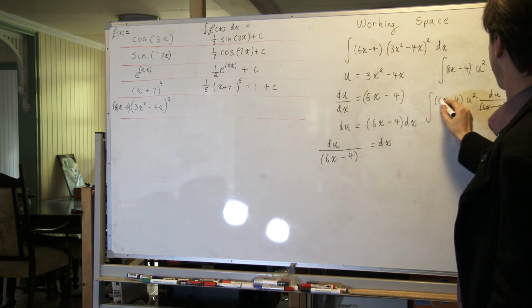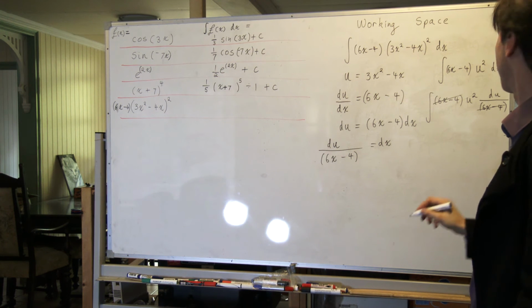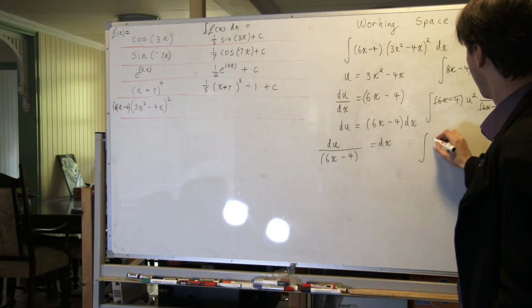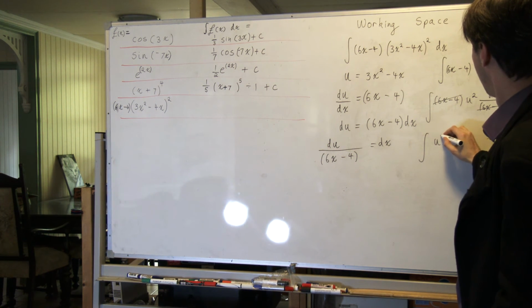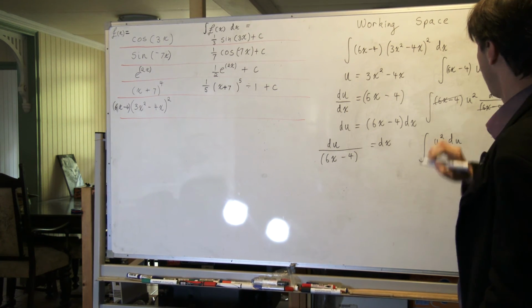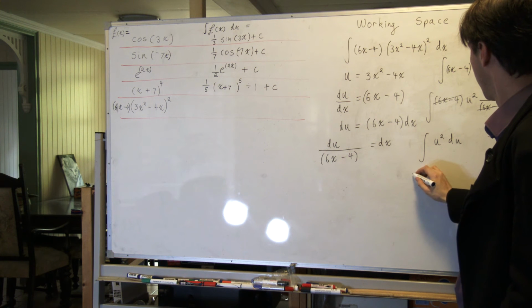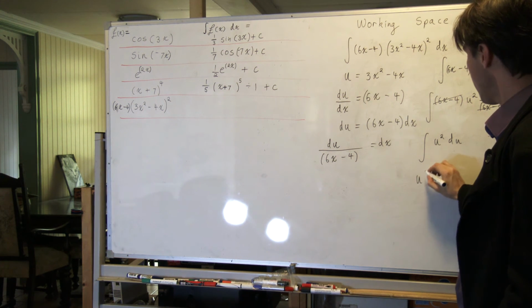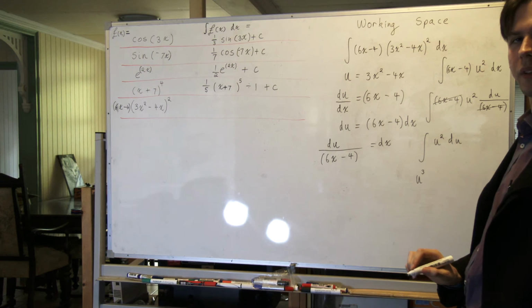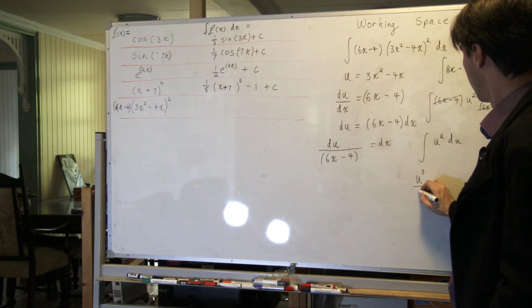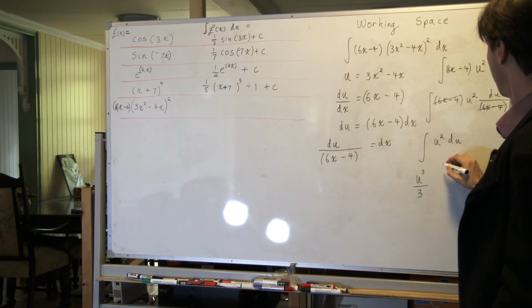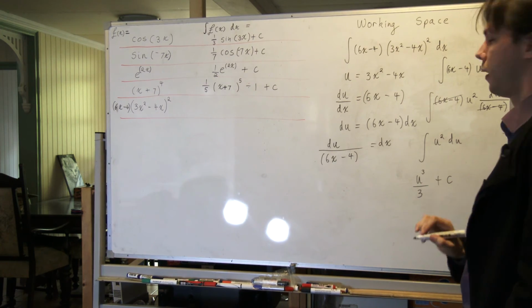Well, that means those two just cancel out. And my integral becomes integral of u squared with respect to u, which is increase the power by 1 up to 3, divide by 3, add a constant.